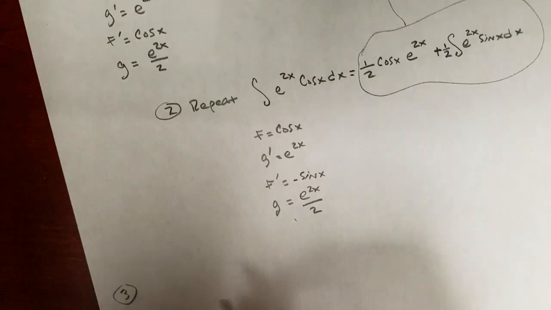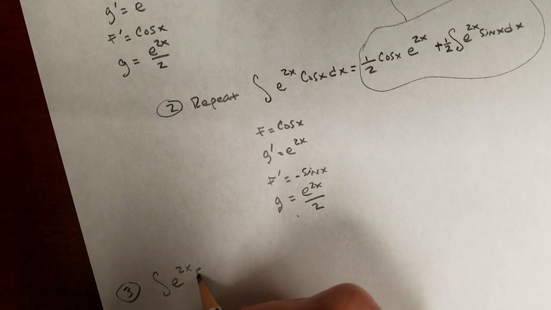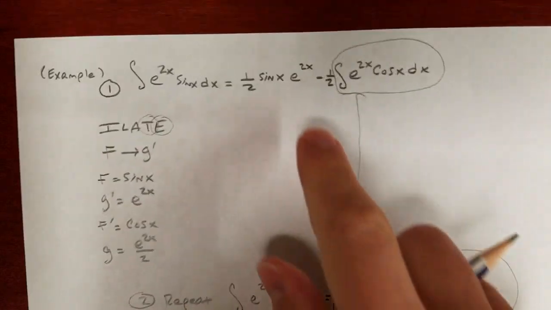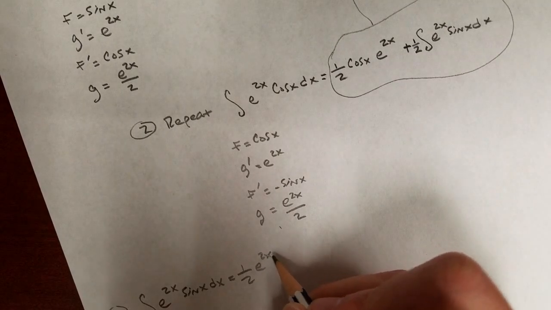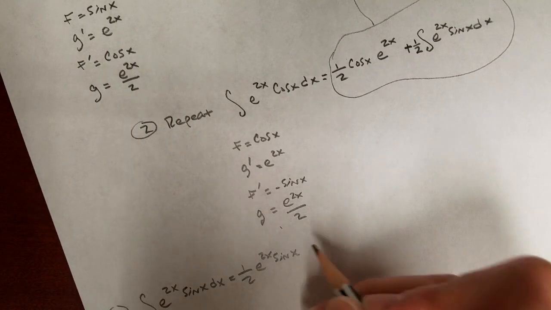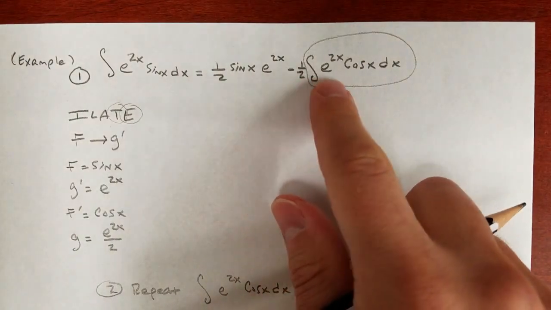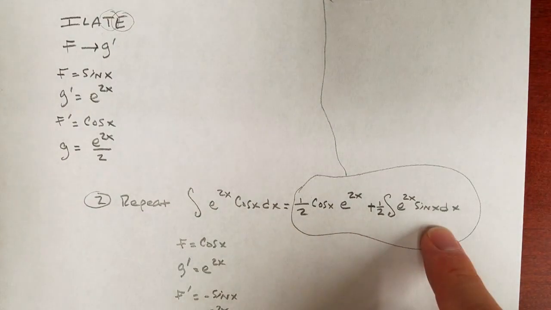If I do that, it will say e to the 2x sine x equals 1/2 sine x e to the 2x, which I'm going to write as 1/2 e to the 2x sine x, because I like that order better. Then negative 1/2 times whatever this became, and that's this.